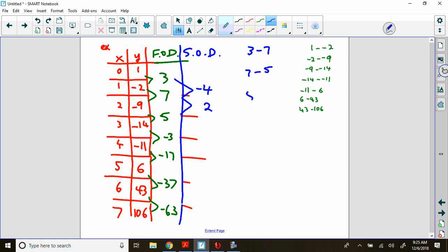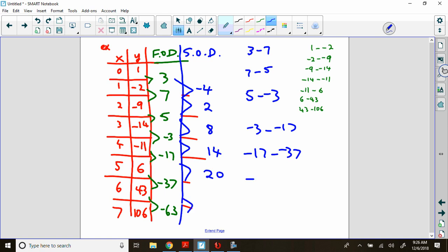So now I'm going to take 5 minus minus 3. What's that going to be? 8, good. So then I'm going to take negative 3 minus minus 17. Is that 14? Okay. And then negative 17 minus minus 37. It's going to be 20.